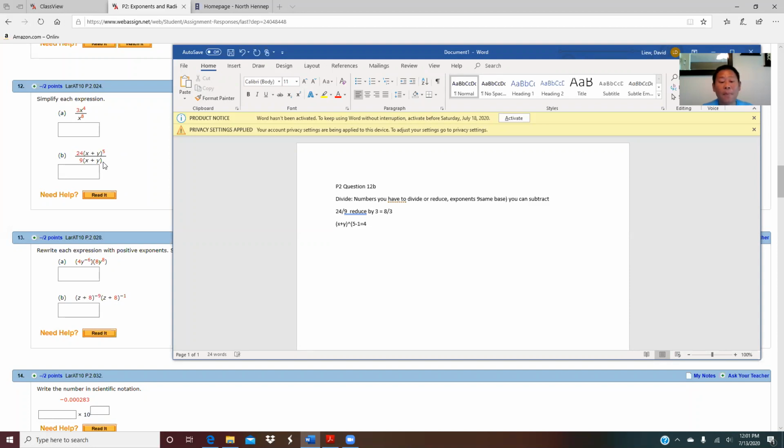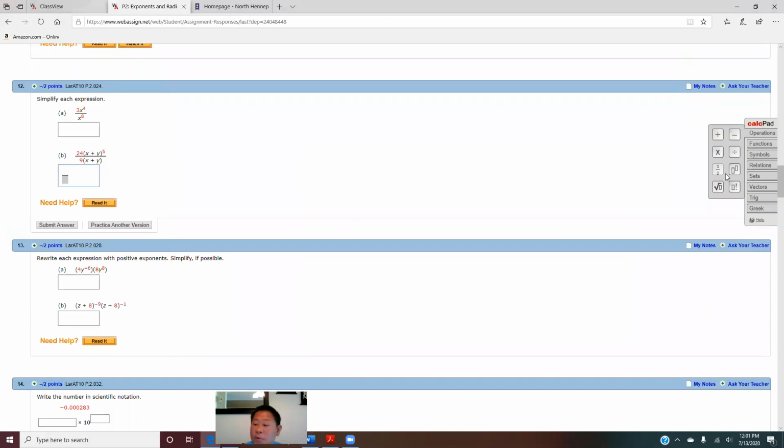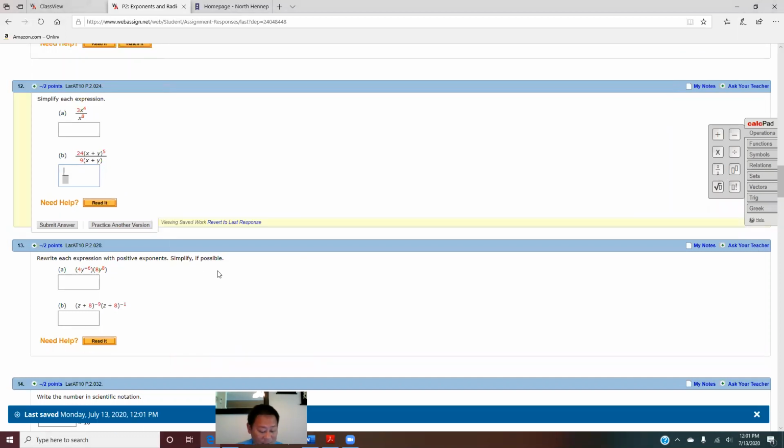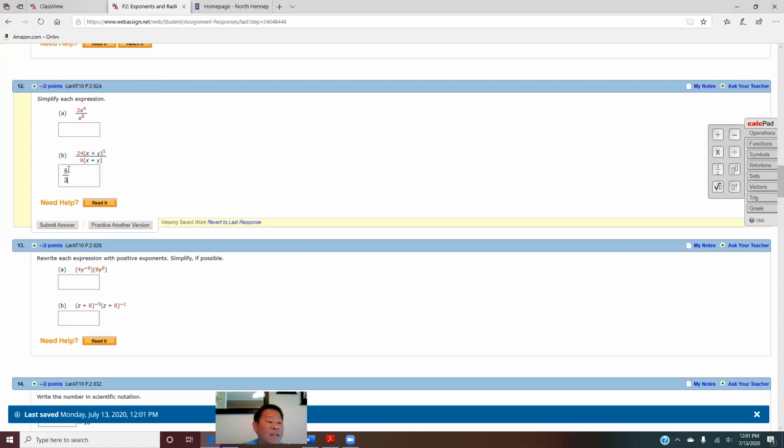So your answer will be 8/3 times x plus y to the power of 4. To put this in your answer, first you put the fraction symbol. The top one is 8 and the bottom one is 3. That's how you reduce to 8/3. And then you do the x plus y to the power of 4.